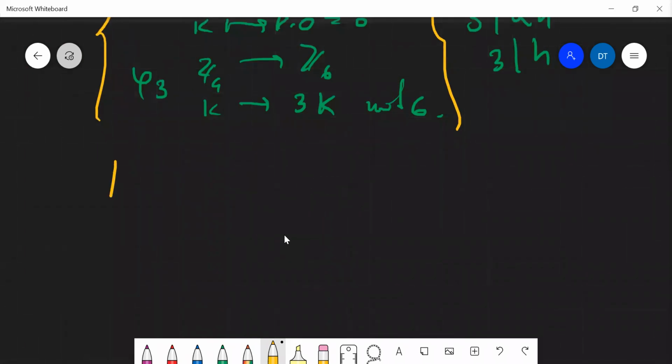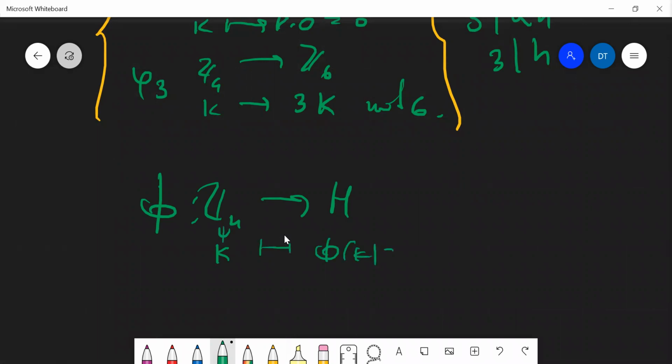If you have a homomorphism, let's say phi from Zn to H, then let's take k from here. It goes to phi of k. This is exactly the same thing as 1 plus 1 plus 1, k times.